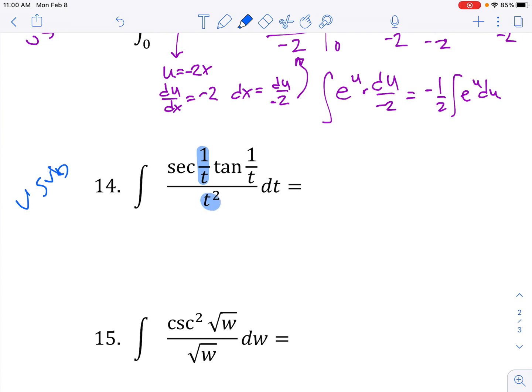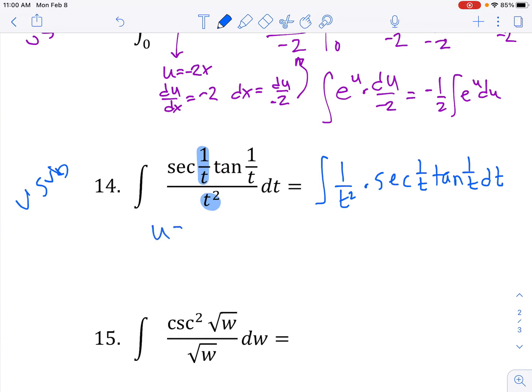This is the derivative because it's 1 over t squared. In my brain, I'm thinking of it like this: 1 over t squared times secant 1 over t tan 1 over t dt. That's how I'm thinking about it. And so the 1 over t squared is the derivative.